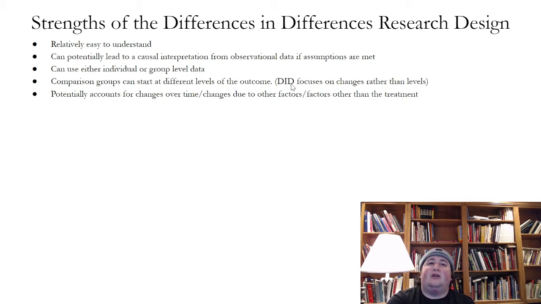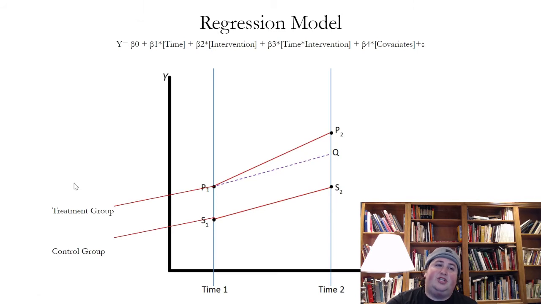Comparison groups can start at different levels of the outcome. The reason for this is that this focuses on changes, right, rather than levels. Changes are basically the change over time, the change between pre and post, rather than just the absolute term. So, for example, if we go back to this picture, what was the change in the treatment group from before time 1 to after time 1, right?